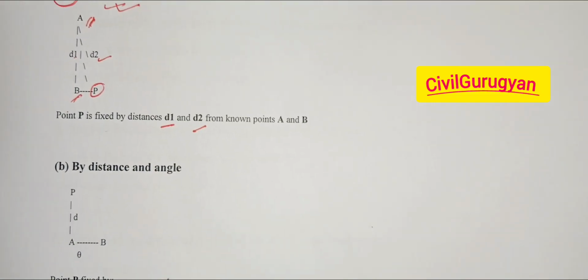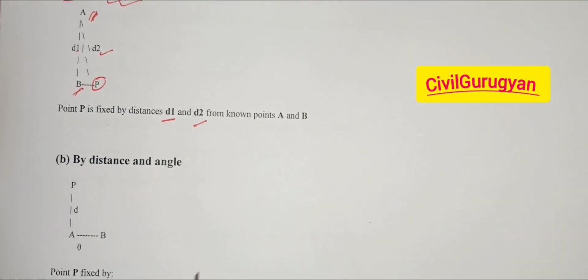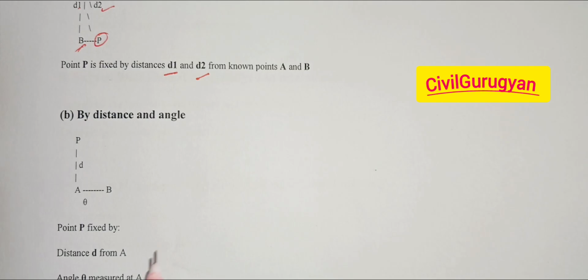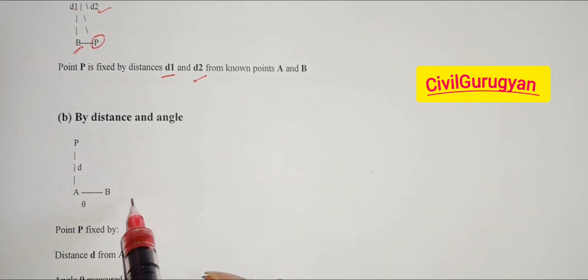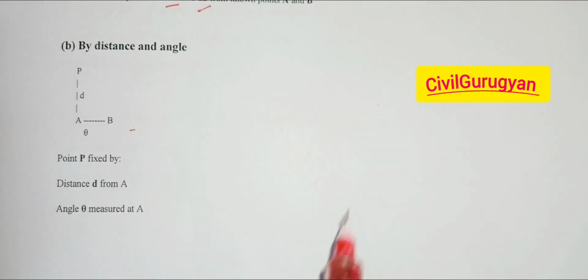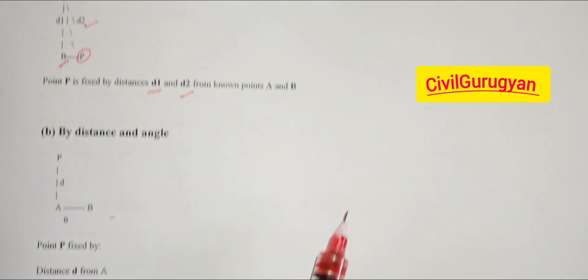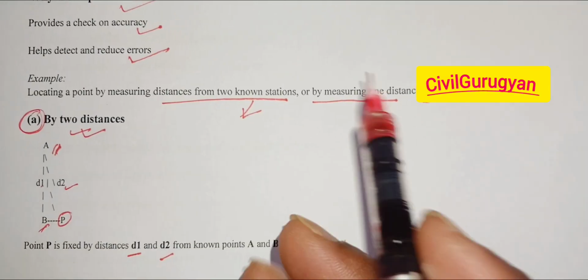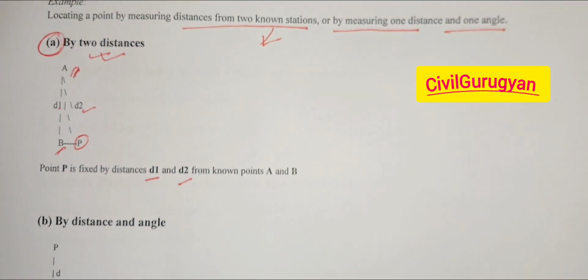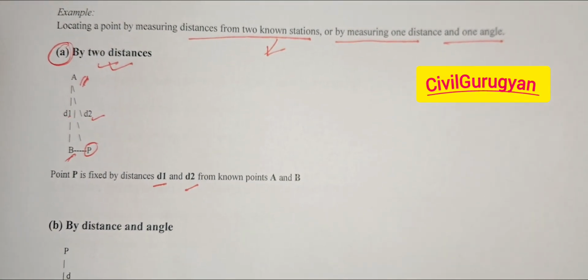Similarly, by distance and angle, point P is fixed: distance D from A and angle theta from B. In this way, we can fix the station by 2 distances or by distance and angle.